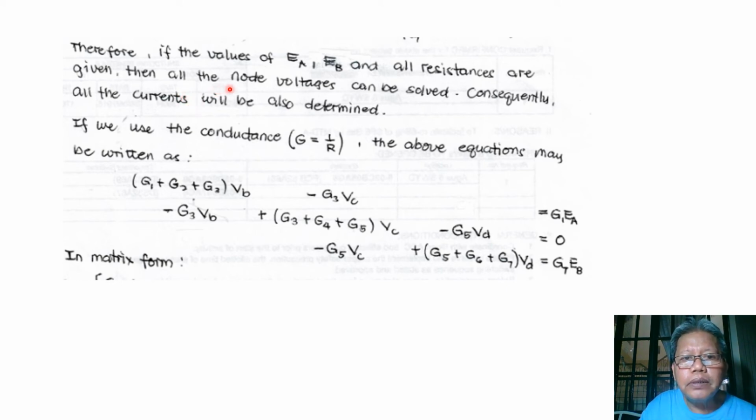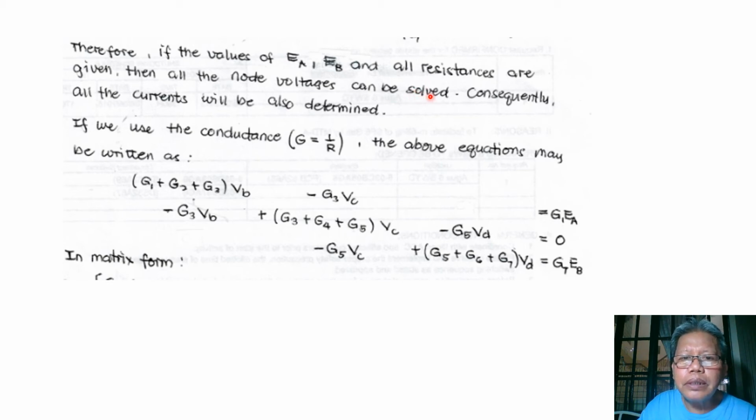If the values of E sub A and E sub B and all resistances are given, then all the node voltages can be solved, either using the matrix equation, the matrix form, or you can solve the equations as they are, individual equations, in whatever method you use which we learned from algebra.